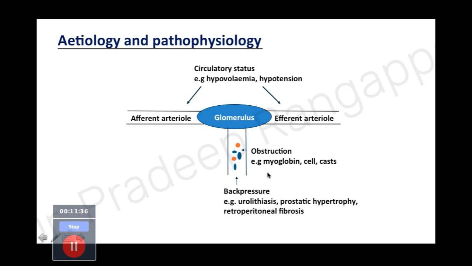You can have obstruction within the tubules with myoglobin, cells or casts, which can lead to acute kidney injury. Or you have a post-obstructive cause, where there is obstruction to the flow of urine outside due to calculi, prostatic hypertrophy, malignancy or retroperitoneal fibrosis, which leads to back pressure and acute kidney injury.